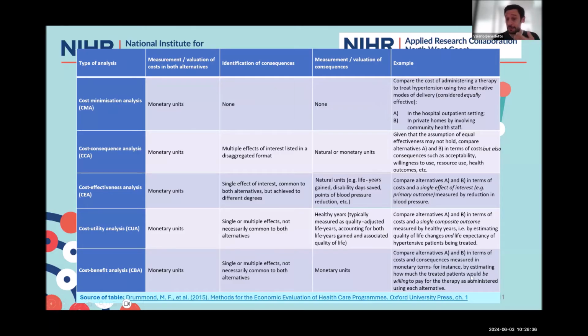But in terms of our example, we can estimate how much the patient would be willing to pay for the therapy. So we're trying to assign a value to the therapy, whether they value one type of therapy more versus the other. But the two most common economic evaluations, I would say, are the cost effectiveness analysis and cost utility analysis.